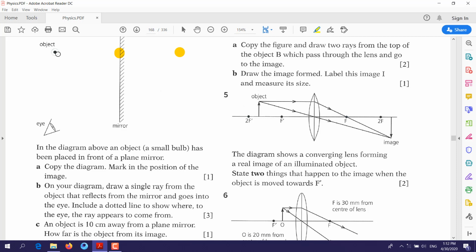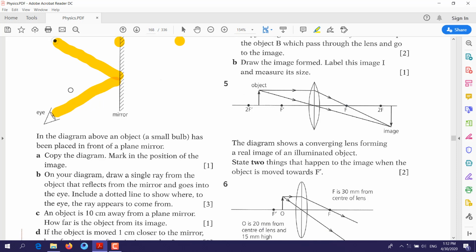There will be a ray from the object to the mirror, and then from the mirror it will be reflected to the eye. The direction is this way, because the light comes from the object to the mirror and then is reflected to the eye.